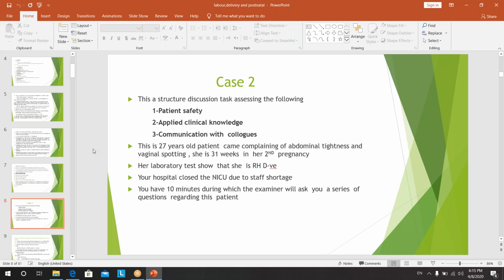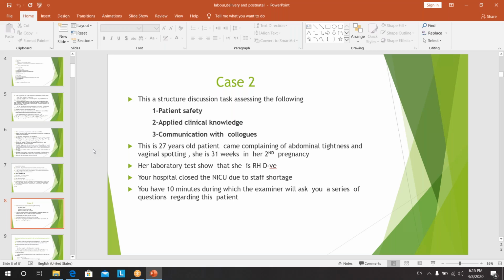I want to know, is this her first pregnancy? And I also want to know since when she has had this abdominal pain, tightness and vaginal spotting.